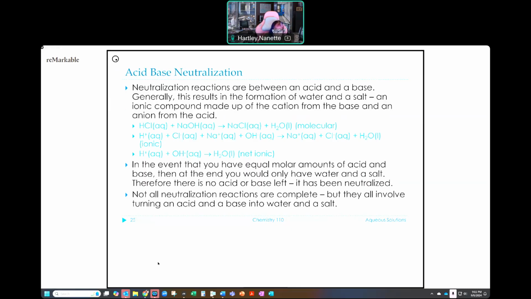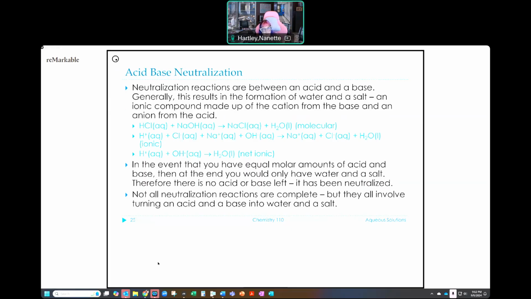We'll talk about concentrations in the next lecture, defined as moles of material per liter. That is another important component of what we're talking about. But neutralization means that we've added the exact same amount of acid as base.